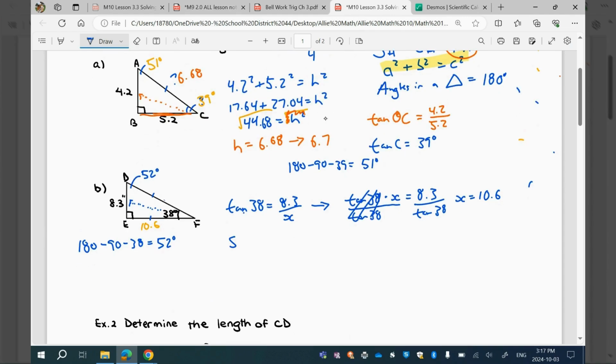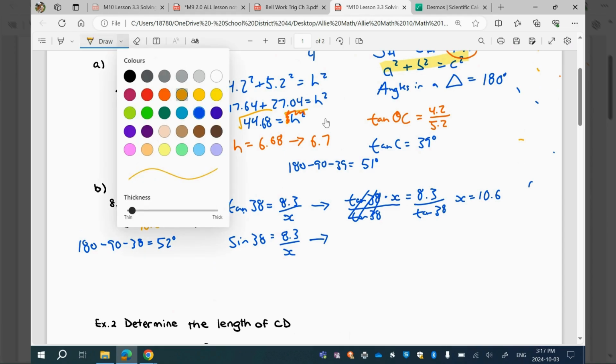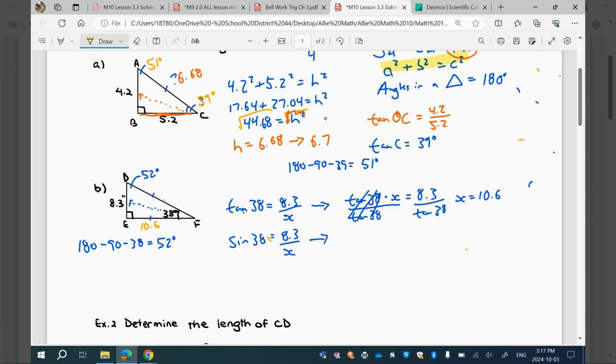So we can use sine 38 equals opposite 8.3 over we don't know. And let's do the swap this time. They're diagonal from each other, so we can just swap sine 38 and x. So it's going to look like this: x equals 8.3 divided by sine 38, and let's see what we get.